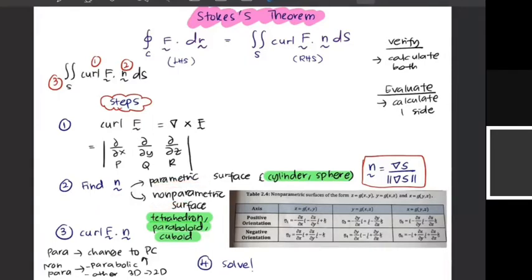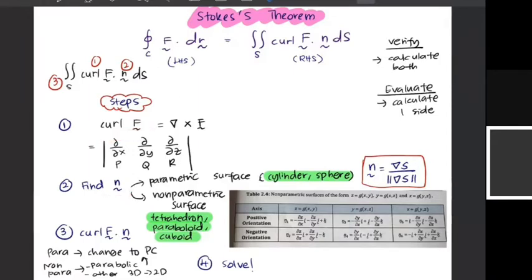If the surface is a cylinder or sphere, you will use this formula. But if the surface is a tetrahedron, paraboloid, or cuboid, a non-parametric surface, you will use Table 2.4. Then step number 3, dot product both curl F and also n.